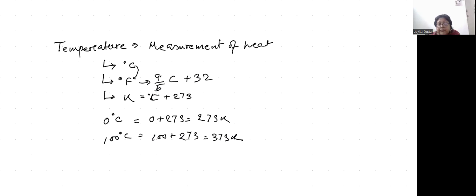If I have Celsius and Fahrenheit, there are 100 divisions for Celsius, whereas there are 180 divisions for Fahrenheit. So, for a Celsius of X degrees, what will be its Fahrenheit? 180 X divided by 100. If I cut this, it is 9 by 5.